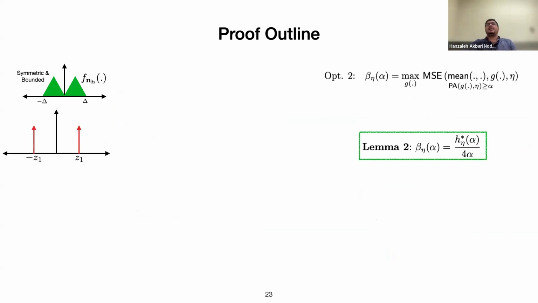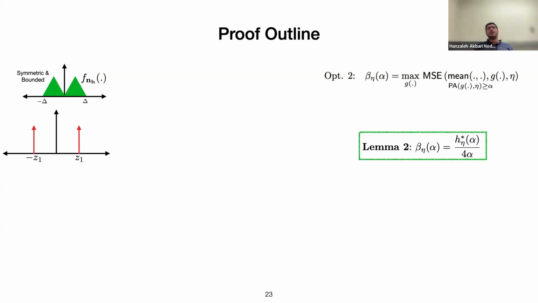Okay, and in lemma 2, we try to find the solution for optimization 2, in which for each value of eta and for each value of alpha, we try to find the maximum error that is injected by the adversary for the case that the data collector is utilizing the mean as the estimation function. We are trying to maximize this over all of the noise distributions for which the probability of acceptance is at least alpha.